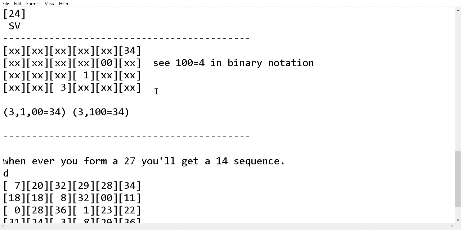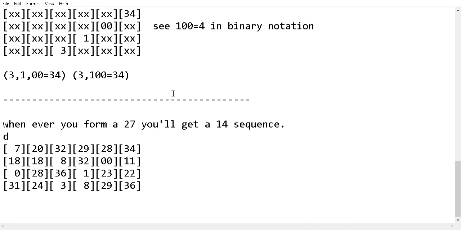Now we're going to go here. Whenever you form a 27, you'll get a 14 sequence. Avoid that D there, I don't know why it got there. Anyway, here we got a 27, right? 27 sequences to a 14 in a natural sequence.